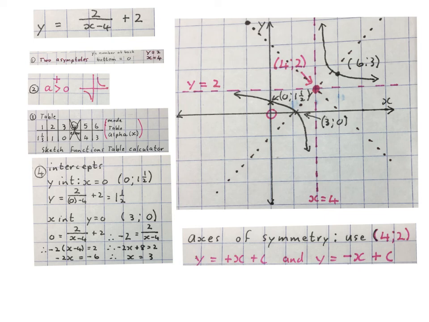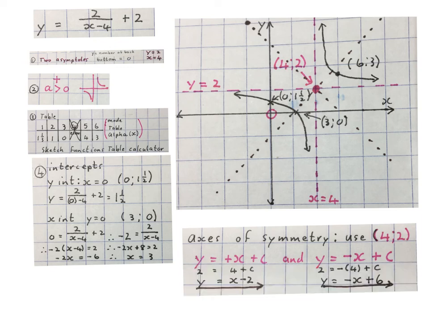We take this coordinate, plug it in here to find C, this coordinate, plug it in here to find C. Then the two equations of the axis of symmetry will be y equals x minus 2, the one with a positive gradient, and y equals minus x plus 6, that one. Look at the video that says axis of symmetry on hyperbolas.